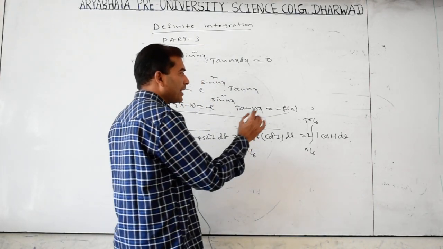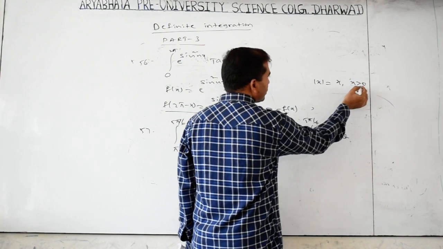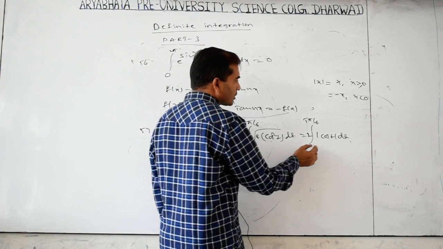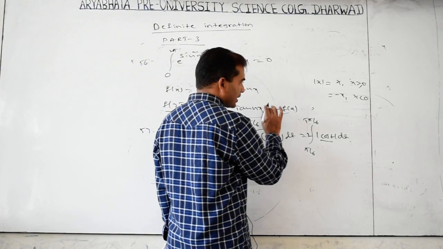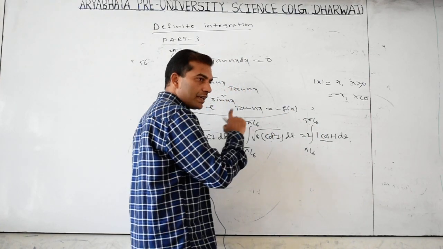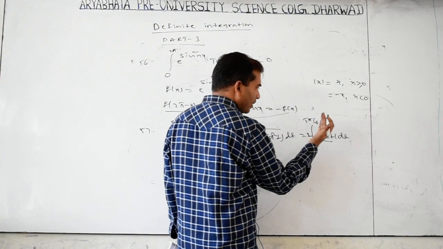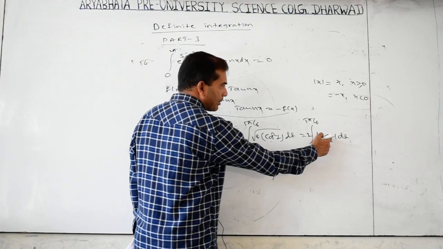Yes, we have to eliminate the mod: mod x equals x when x is greater than 0, and minus x when x is less than 0. For cos theta, pi by 6 is in the first quadrant and 5 pi by 6 is in the second quadrant. So cos is positive in the first quadrant and negative in the second quadrant. Which point is the turning point from positive to negative? Pi by 2, since cos pi by 2 is 0.